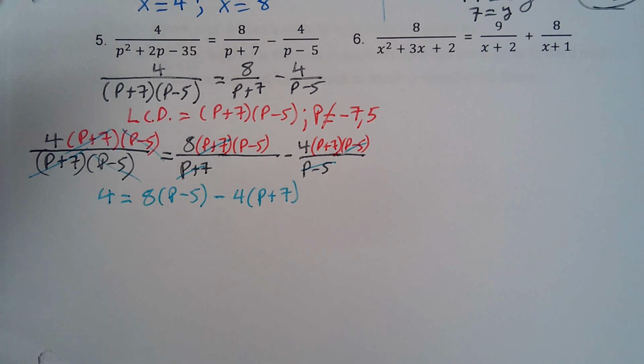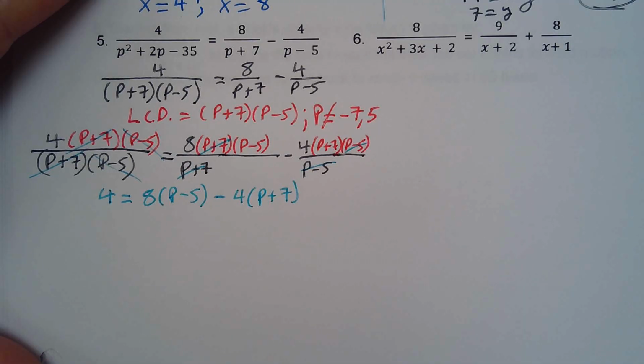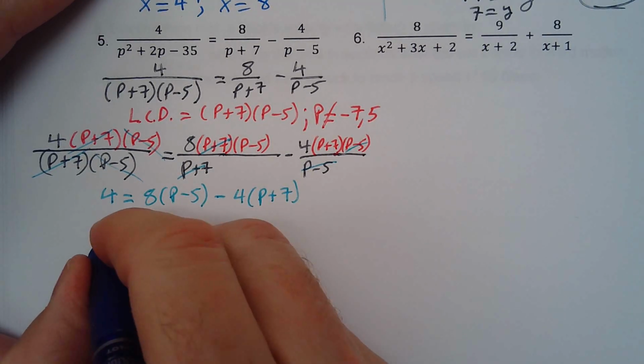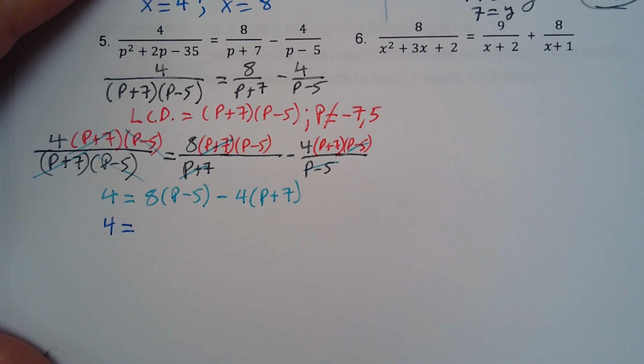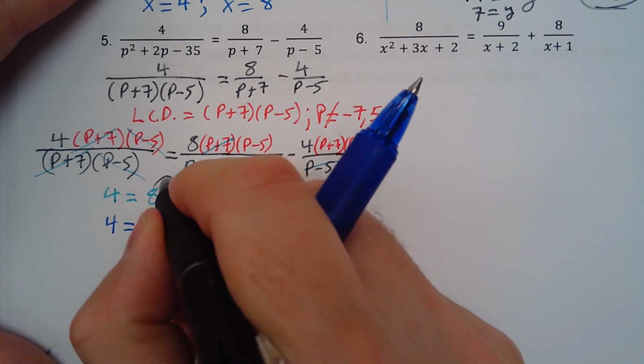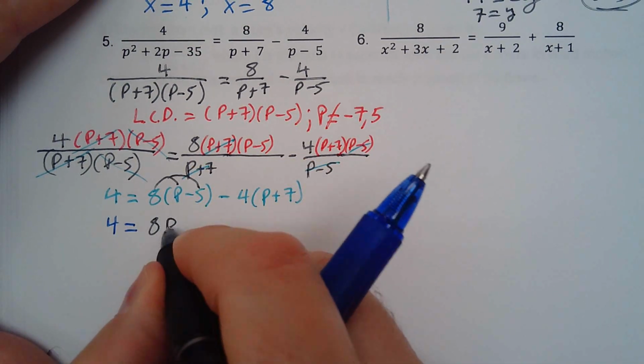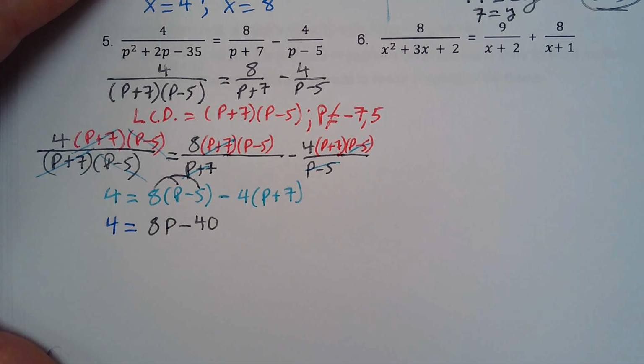And so now we're just going to work on distributing, combining like terms, and solving. So I'm going to distribute the 8. So that'd be 8p minus 40. And then we're going to distribute that negative 4.